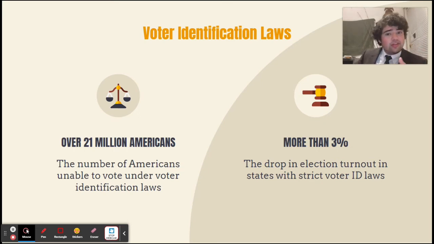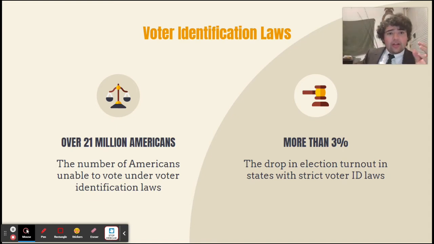And the systems for acquiring these documents, rather, are rather backwards in and of itself. In order to acquire your birth certificate, you have to have a form of identification, and in order to acquire a form of identification, you have to have a birth certificate. So it's this, what comes first, the chicken or the egg, except these people now can't vote.